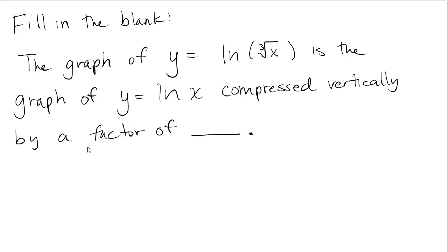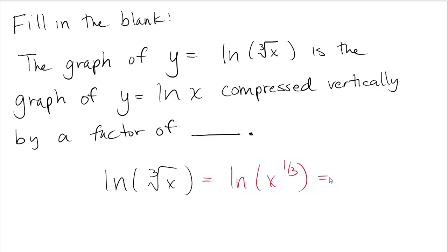We can rewrite this. Let me start with the original function, natural log of the cube root of x. Remember that that's the natural log of x to the 1/3. And now we can use that property of logarithms that allows us to pull out the exponent, and we get 1/3 times the natural log of x. And now you see why this is being described as a vertical compression, because we're multiplying by a number out front which is smaller than 1.